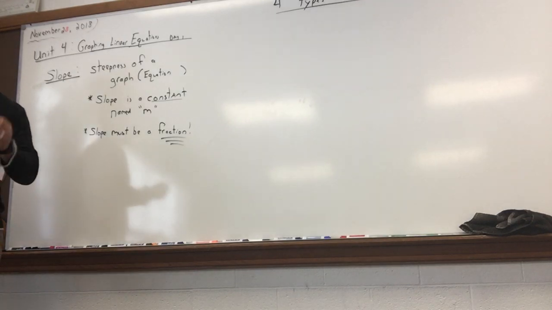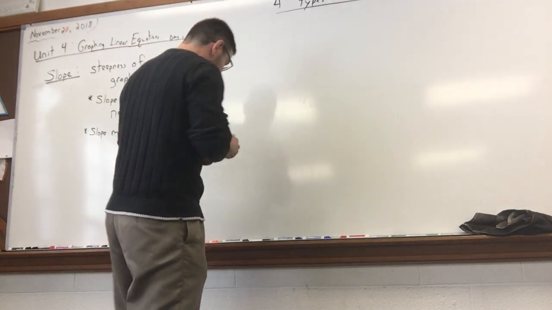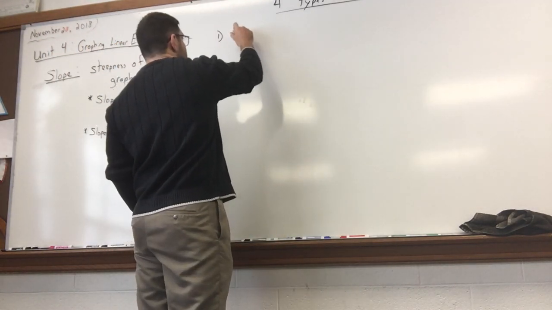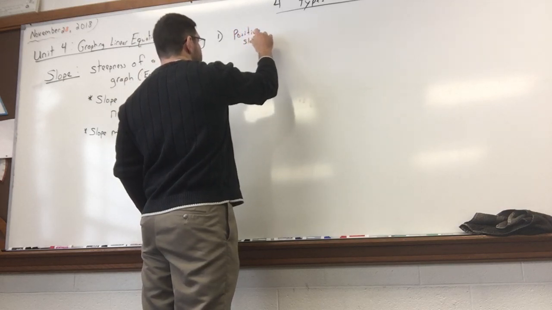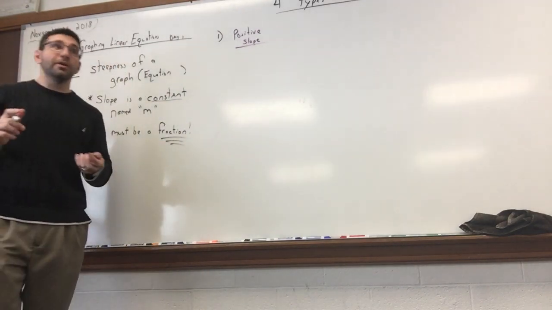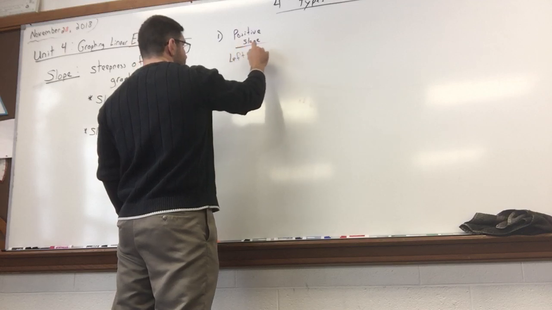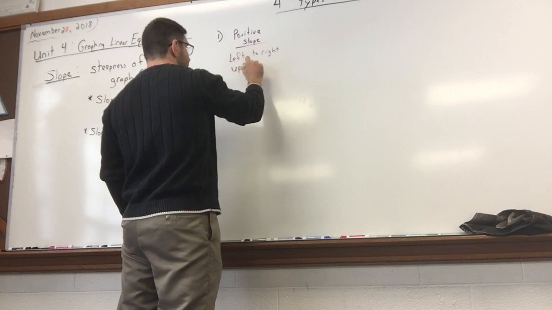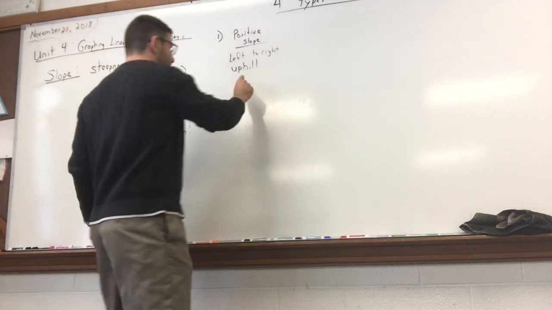When you get a graph, you can look at the graph and immediately have an idea about the slope. So first, we are going to start with a positive slope. When you look at a graph, a positive slope goes from left to right, uphill.